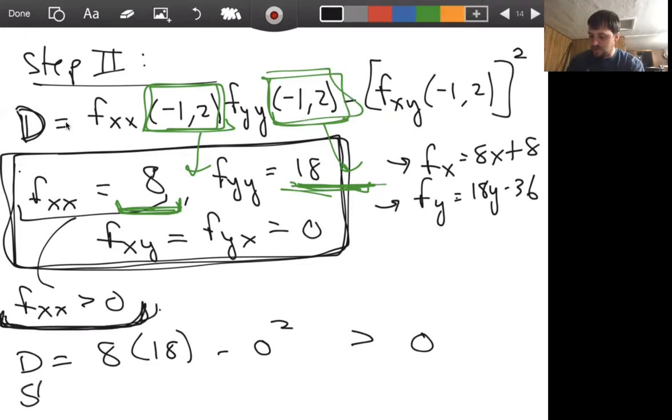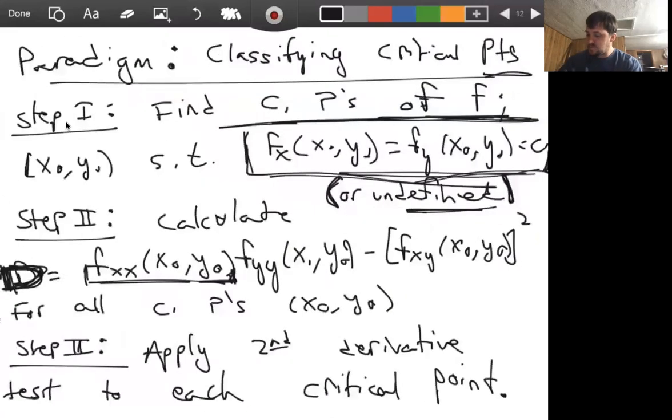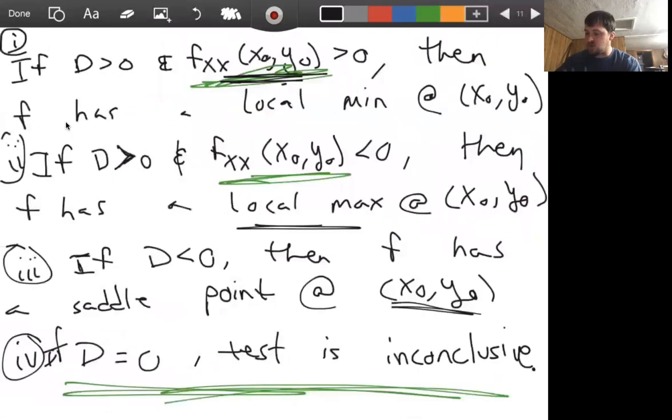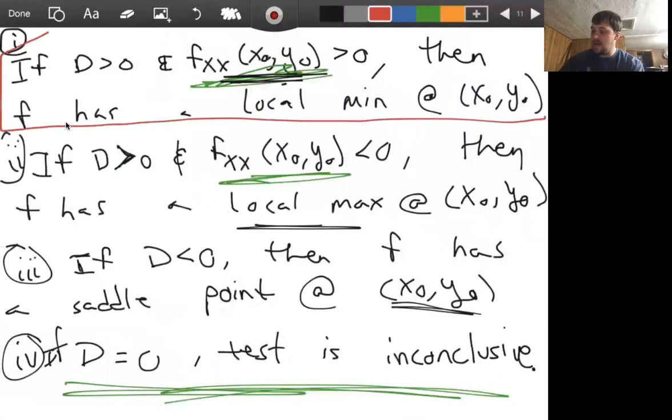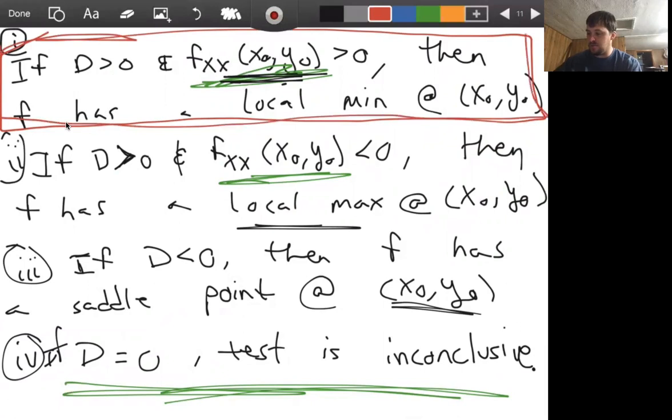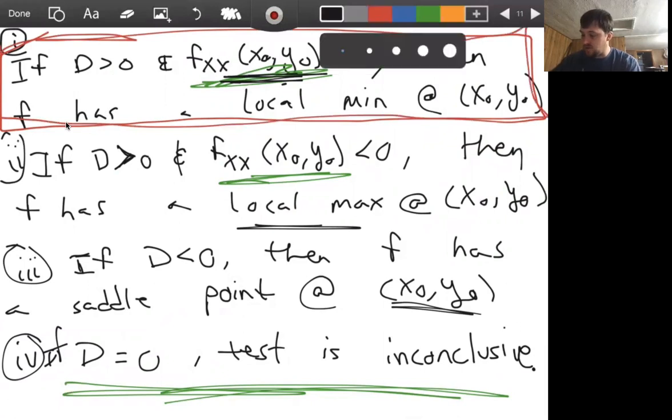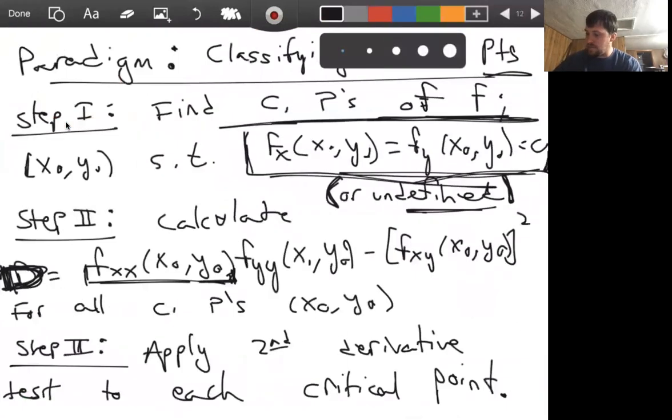And so step 3 of the paradigm is to apply the second derivative test. We have a positive discriminant and a positive second derivative with respect to x. And so we come to the second derivative test, and we say, cool, case 1. Case 1 says that this is a local minimum.